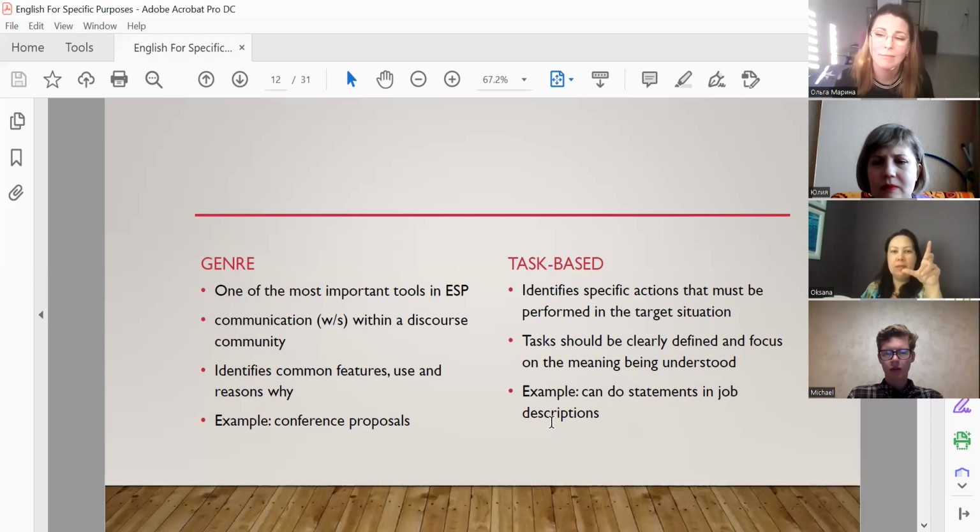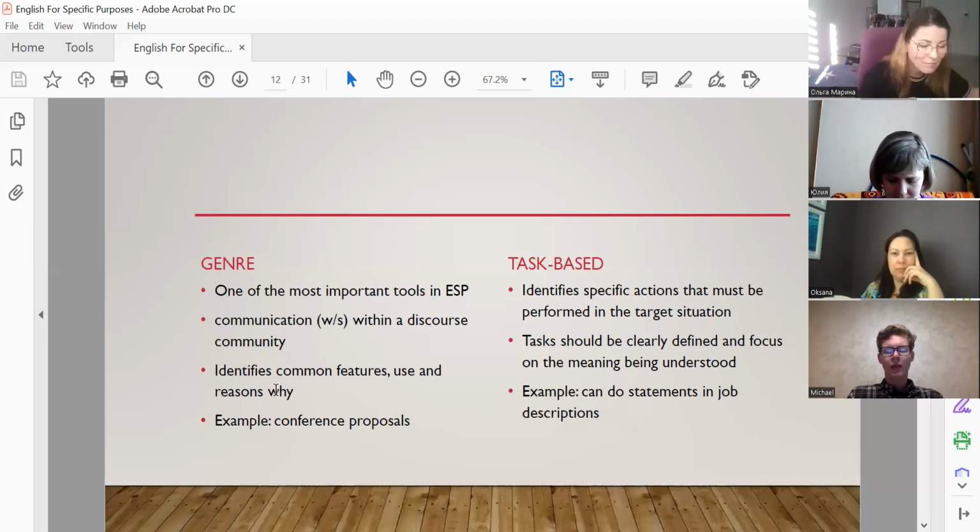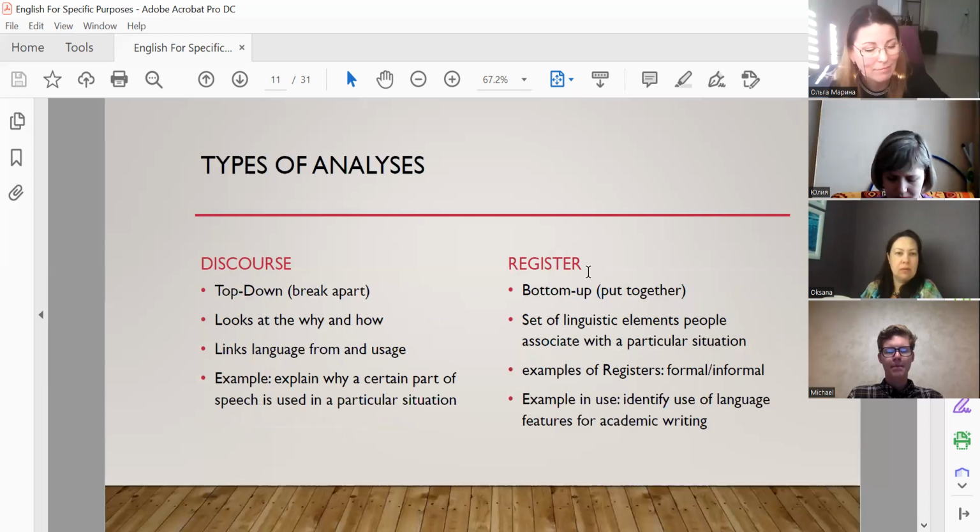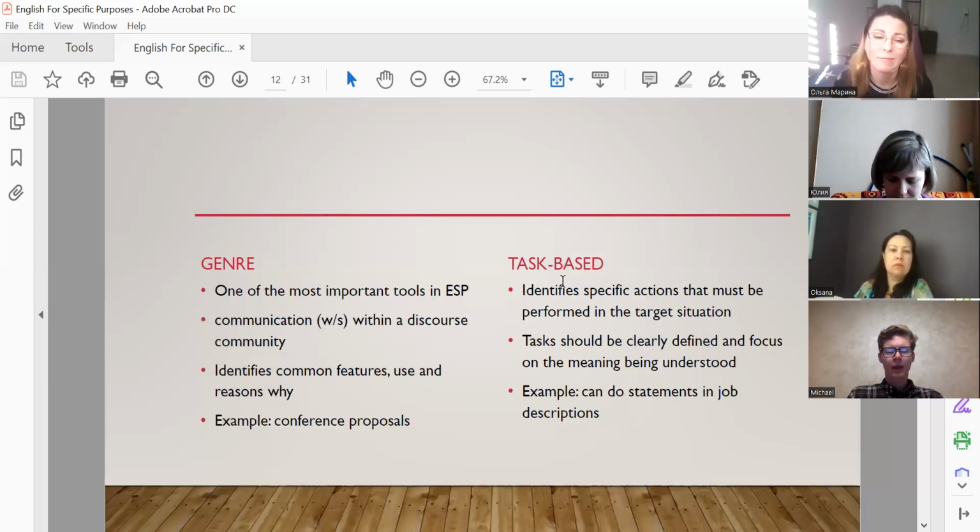Yes, maybe details, parts of the car. Yeah, that would be the register in this course, but in task-based, we are more focused on what they can do. So situations. So able to communicate with a customer and ask what they need. But of course, it includes vocabulary, the specific lexis. They cannot perform their job without knowing the vocabulary.